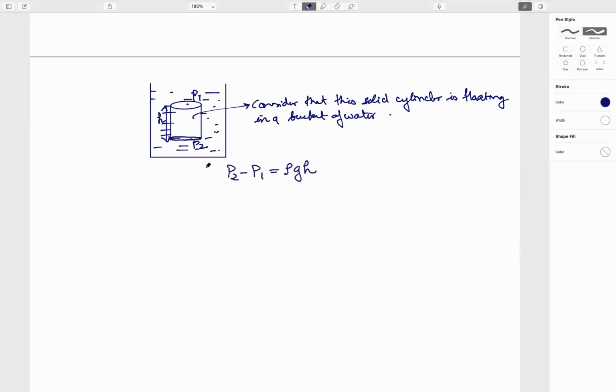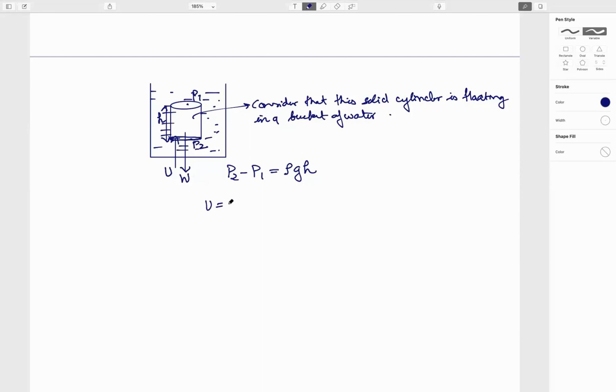Now we need to calculate the force. The net force on the cylinder is actually equal to the upthrust. The weight of this body is W, and upthrust is acting like this. Let's call it U. Upthrust is the net force exerted by the fluid to balance this weight.